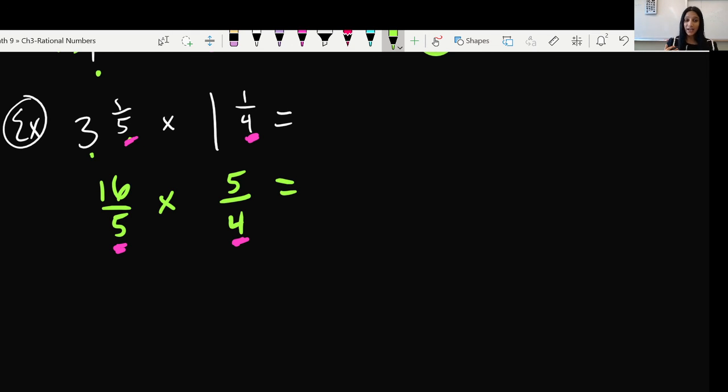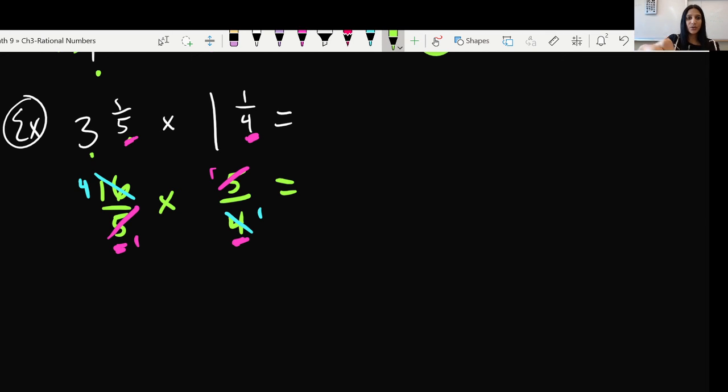Okay, so again, I could just go through and do 16 times 5 and 5 times 4, but that's going to be a little bit harder for us to work with. So I would once again look to simplify if I can. I can't simplify 16 over 5, but I do see that 5 and 5 cancels out here. 5 goes into both of them, so it just leaves a 1. And similarly, 4 goes into 4 once, and it goes into here 4 times.